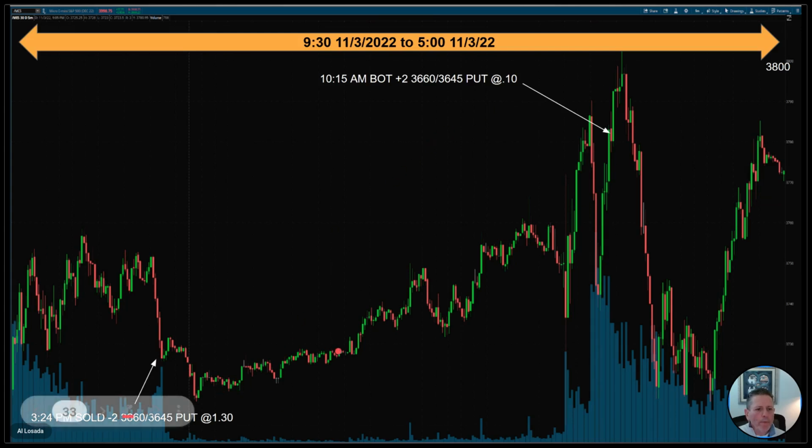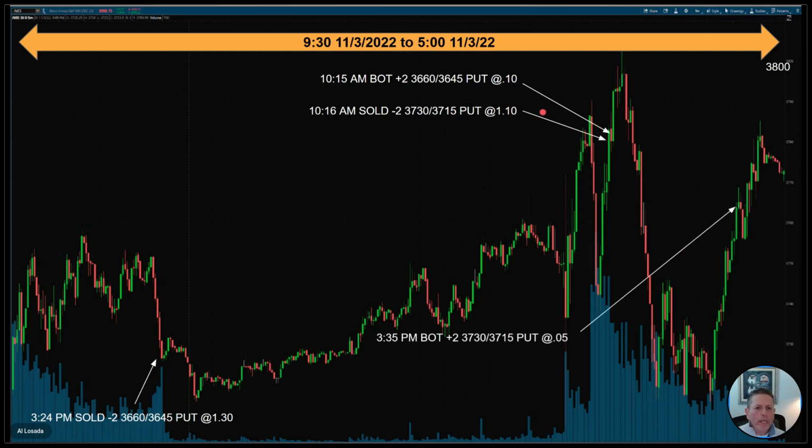So the market went up, right? And we closed that position at 10 cents. So that's a good thing. Then after that, I put on a put position again as the market went up. It did go up, and then it went back down, and then towards the end of the day, basically we closed that position for 5 cents.